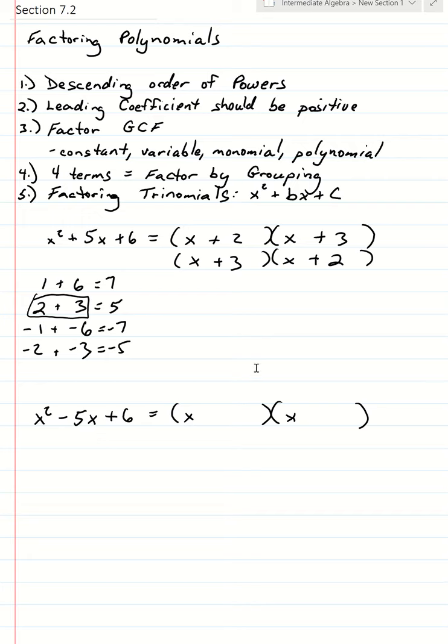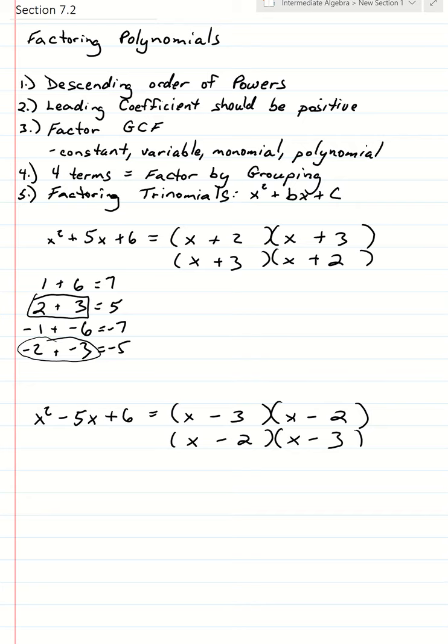And so what we have here, we need to go with a negative 3 and a negative 2. Okay? Once again, the order I can change. I could have put an x minus 2 and then follow that with an x minus 3, and that would perfectly be fine as well. You can give me either form of the correct answer. Okay?